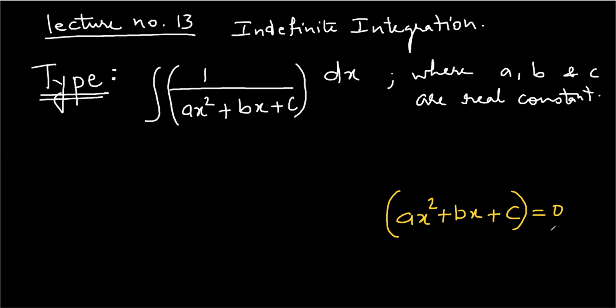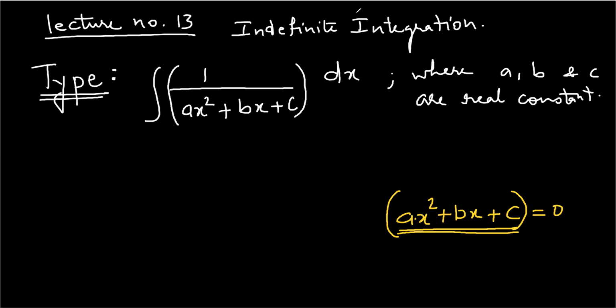Moreover, you have a quadratic expression on the left hand side. Why is this a quadratic expression? Because the highest power of x is 2, and a is not 0. So this is a quadratic equation.